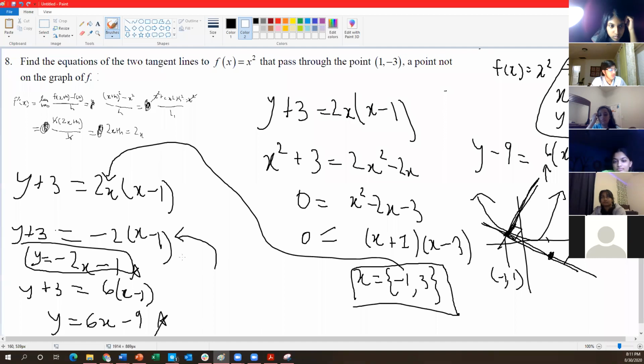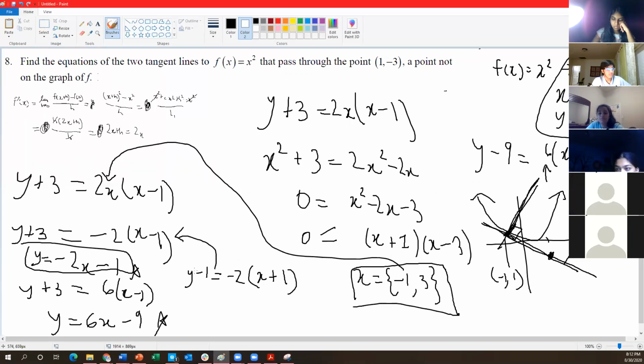So for this one, you would say y minus 1 equals, what would the slope be? Negative 2? Yeah, negative 2 times x plus 1. So this would be the tangent line at this point.